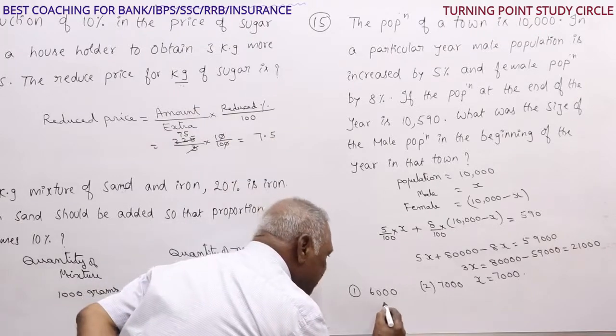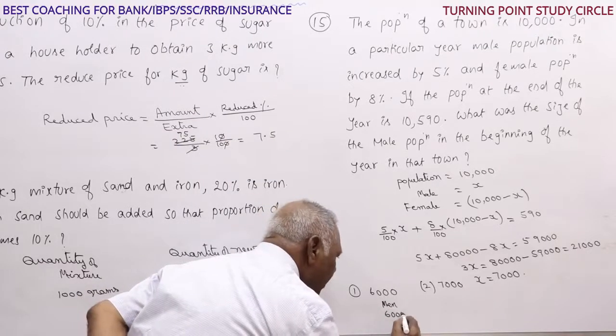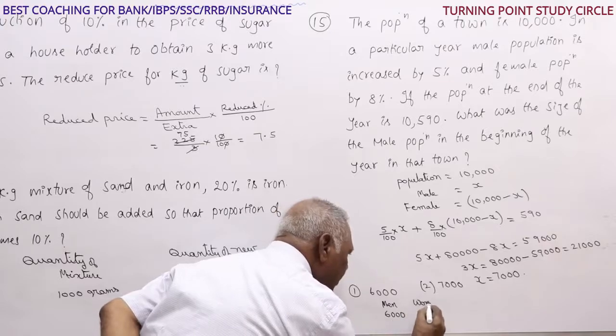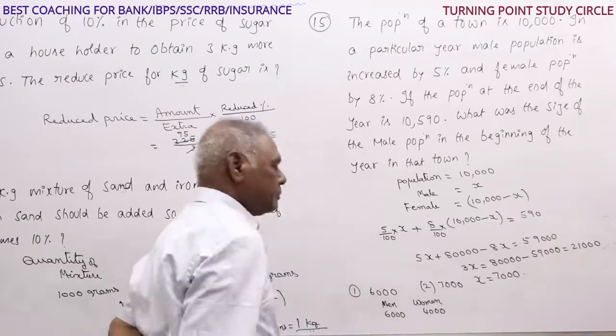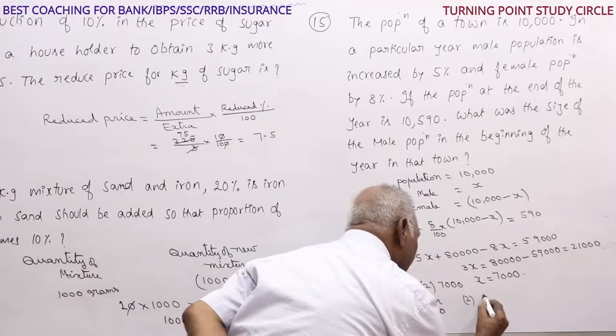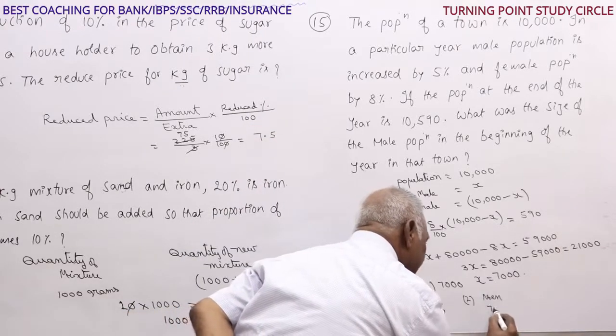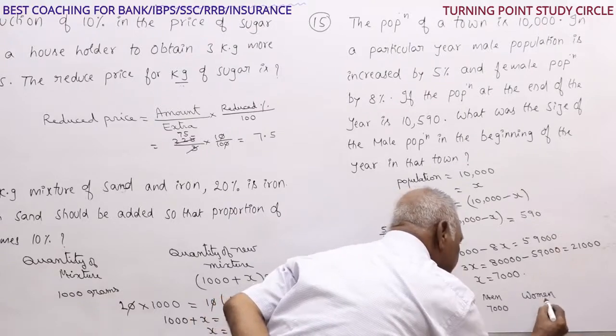So when men is equal to 6,000, women is equal to 4,000. So this is the second option. When men is equal to 7,000, women is equal to 3,000.